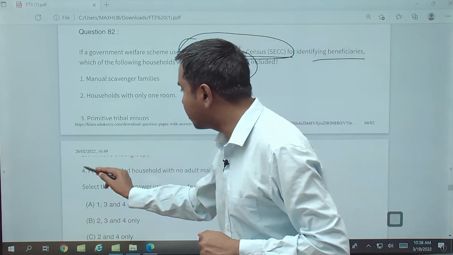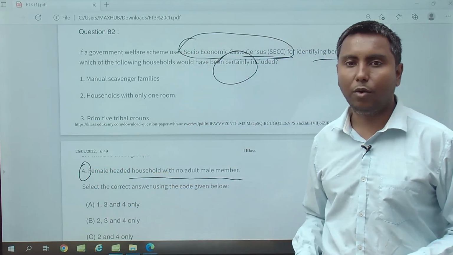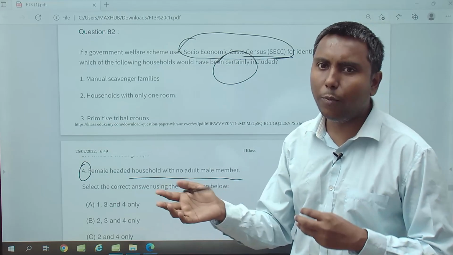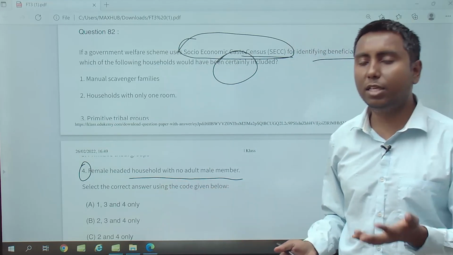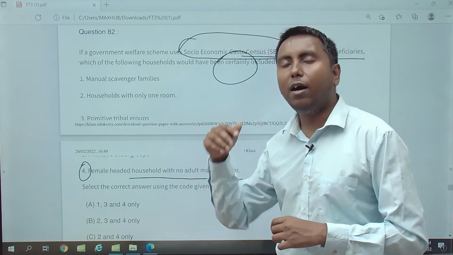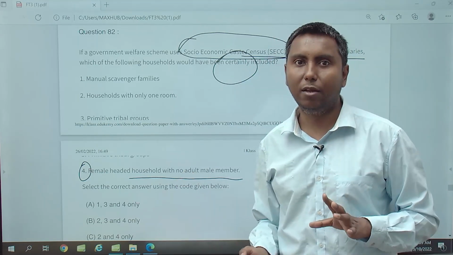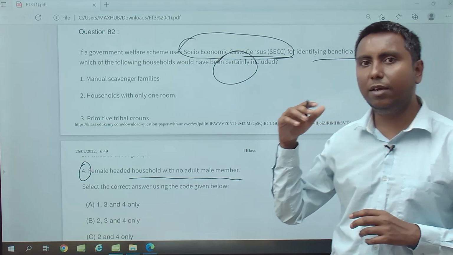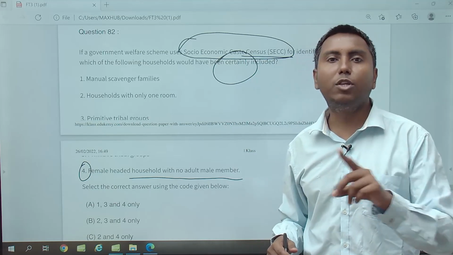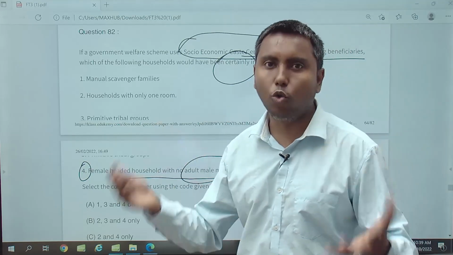Let's come to statement number 4. Female-headed household with no adult member. Now it may appear on the face that a female-headed household means a destitute household, and they should automatically qualify for benefits. But let's consider an upper class household with a single female. Suppose there are no adult members in that family, and suppose that female chose not to marry.